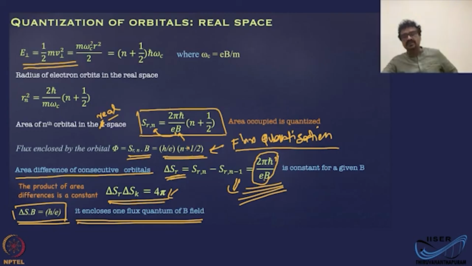In the next lecture, we will go over the Landau levels, the density of states in the Landau level, and the dependence of the radius of the Landau level on the B field, and how that is going to affect various transport and electrical and electronic properties of the solid.